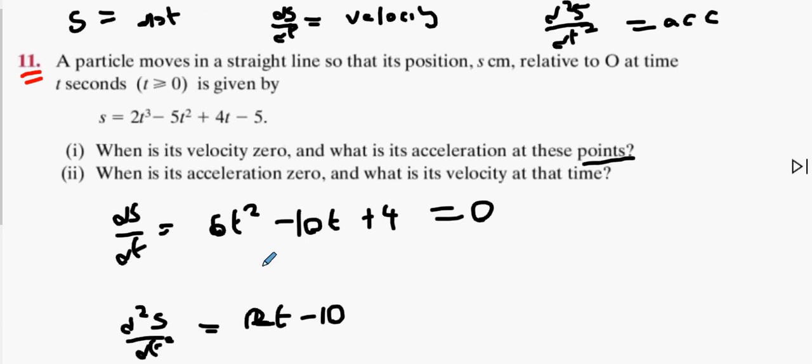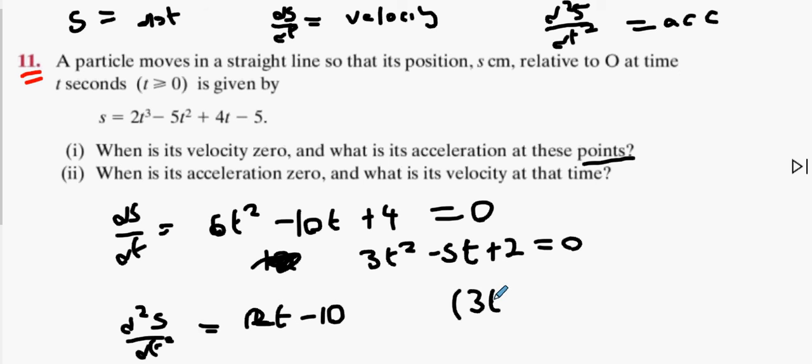So, 12t, divide by 2. 3t squared minus 5t plus 2. And then 3t and t. And which one's 2?